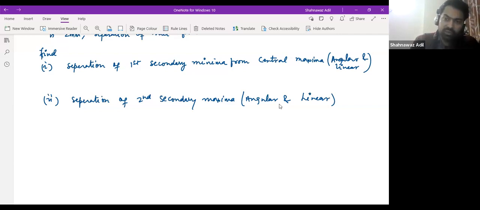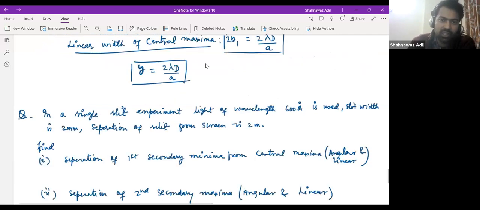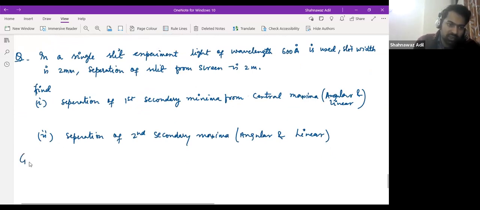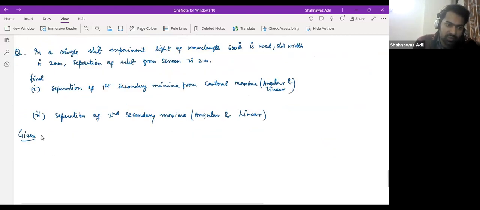Now you guys already know, right? So what are the things which are given? Given is lambda, which is 600 angstrom.